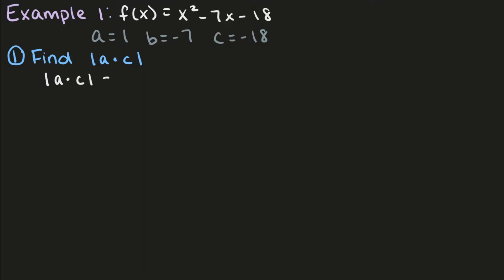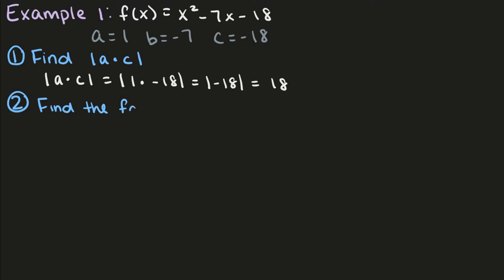So this is the absolute value of 1 times negative 18, which is the absolute value of negative 18, which is equal to 18. Second, we'll find the factors of 18. So the factors of 18 are 1 and 18, 1 times 18 gives us 18, 2 and 9, and 3 and 6.